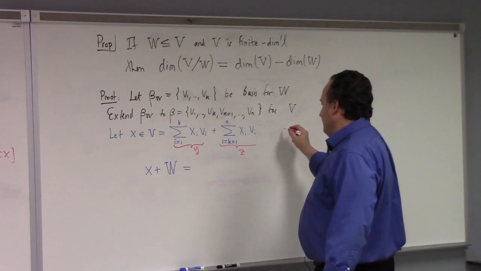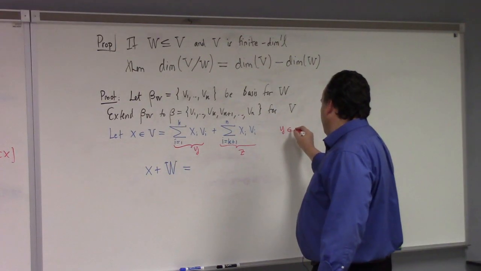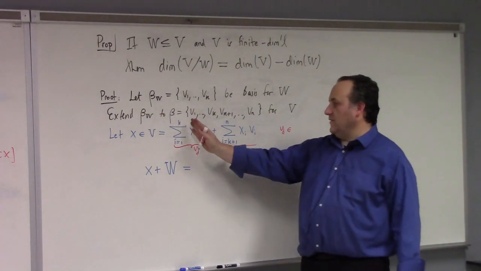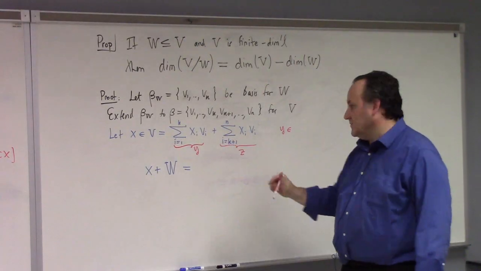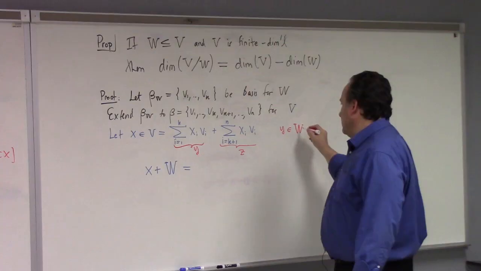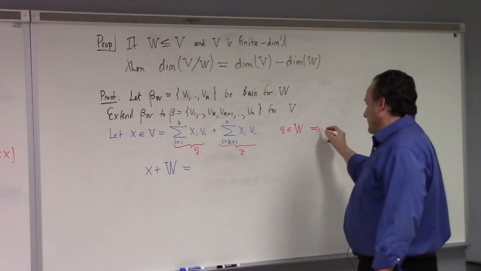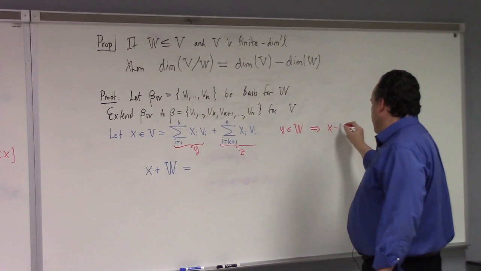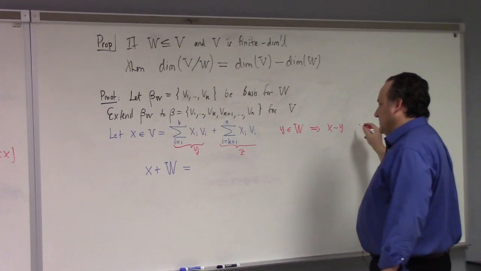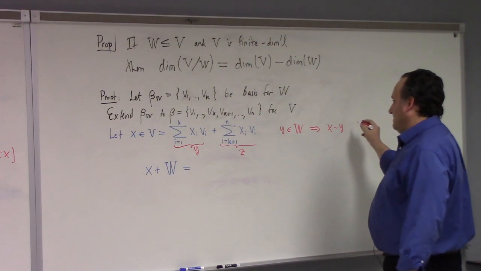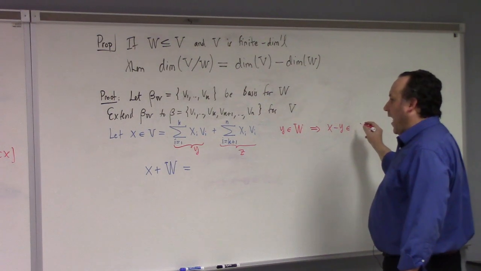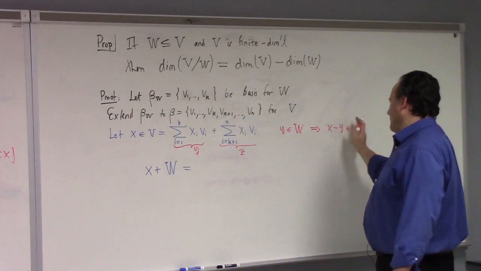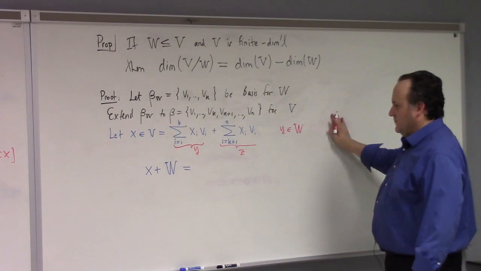Y is an element of what? Notice that the v1 through vk are in W, so y is by construction an element of W. Anyway, y is an element of W. One thing at a time.